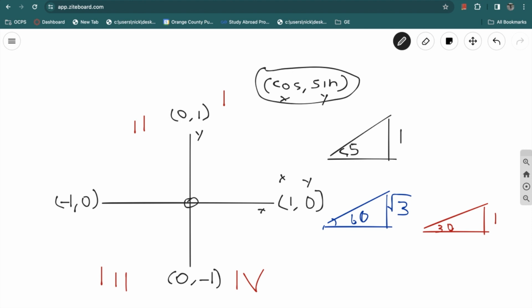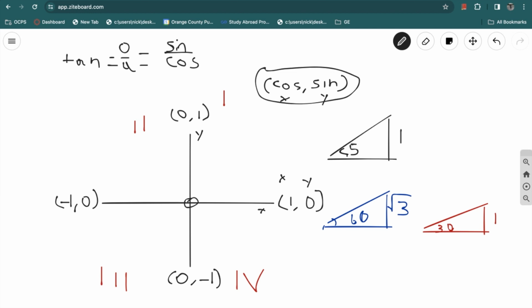Now in terms of tangent, of course, we'll look at a graph later, but tangent is basically the opposite over adjacent, or sine over cosine, right? So if they ask you for the tangent at 0 degrees, for example, sine is 0 and cosine is 1, so it's going to be 0 divided by 1, that's 0.